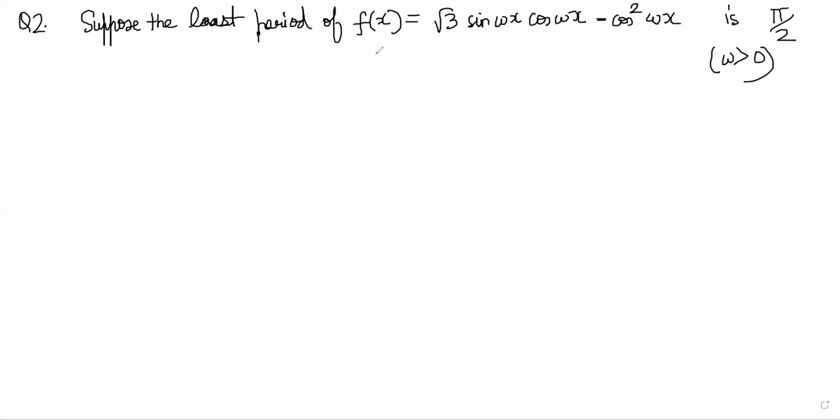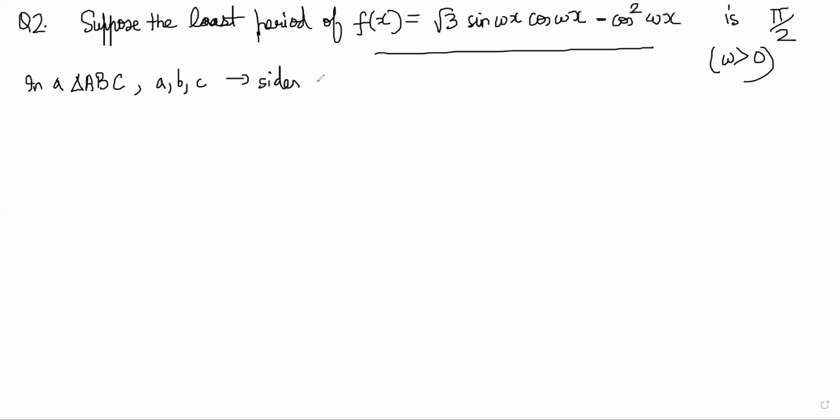Basically, the least period of the function is pi by 2, and in a triangle ABC, with small a, small b, small c being the sides of the triangle, we have b square is equal to AC.